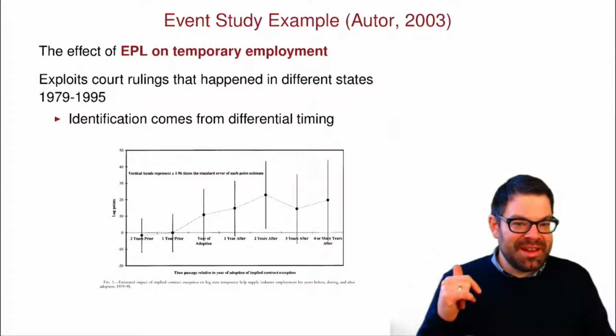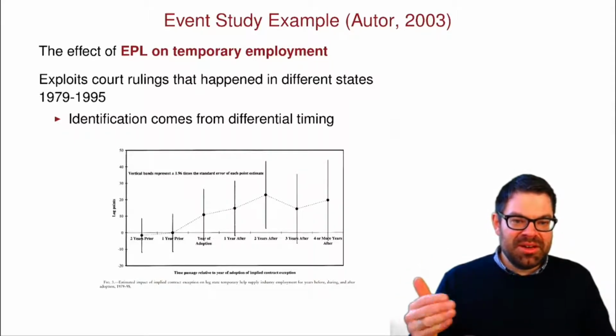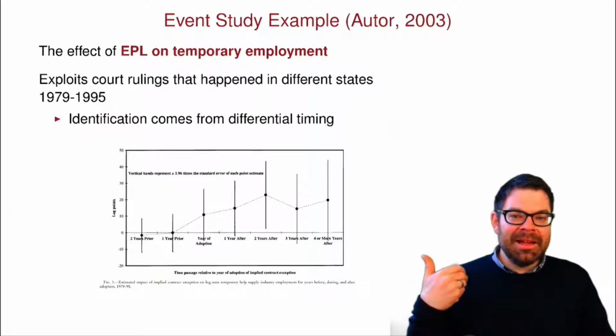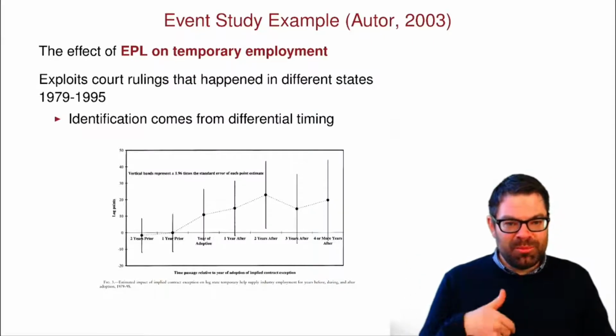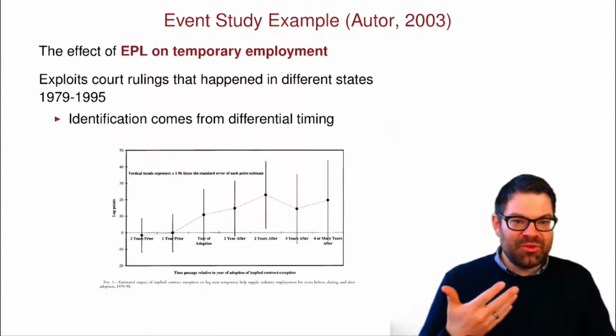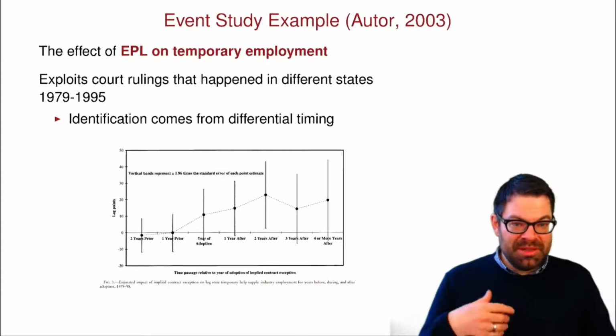That's also one of the textbook examples. Basically he has worker level data, and he looks at the effect of employment protection legislation, so basically how easy it is to hire and fire people on temporary employment in the US.